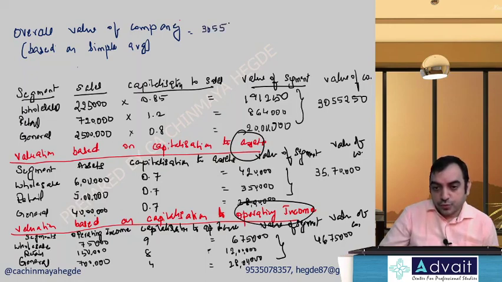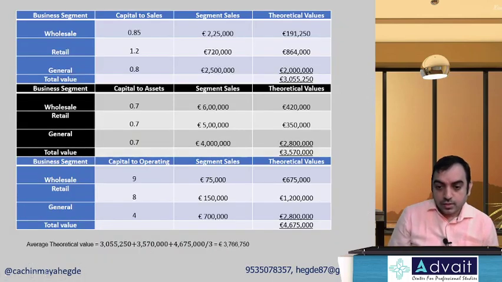Thirty lakh 55,250 plus 12 lakh, so plus 35 lakh 70,000, plus 46 lakh 75,000, whole divided by 3. That comes to 37 lakh 66,750.